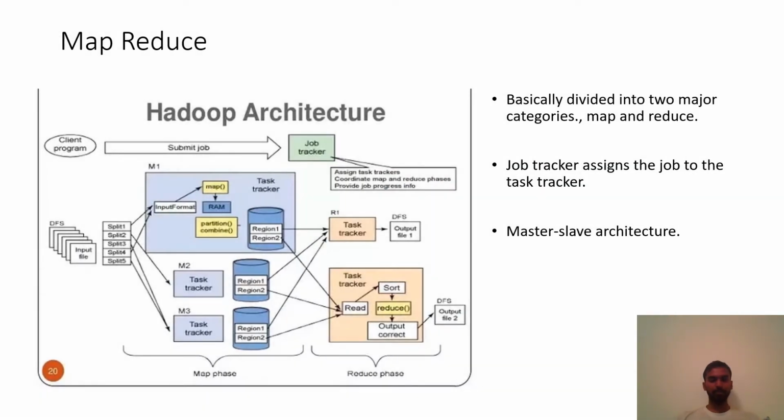The second part of Hadoop architecture is MapReduce. MapReduce is basically divided into two categories: map and reduce. Once the data is stored in the database, let's say you liked a photo or commented on a photo, that data is stored using HDFS in your system.